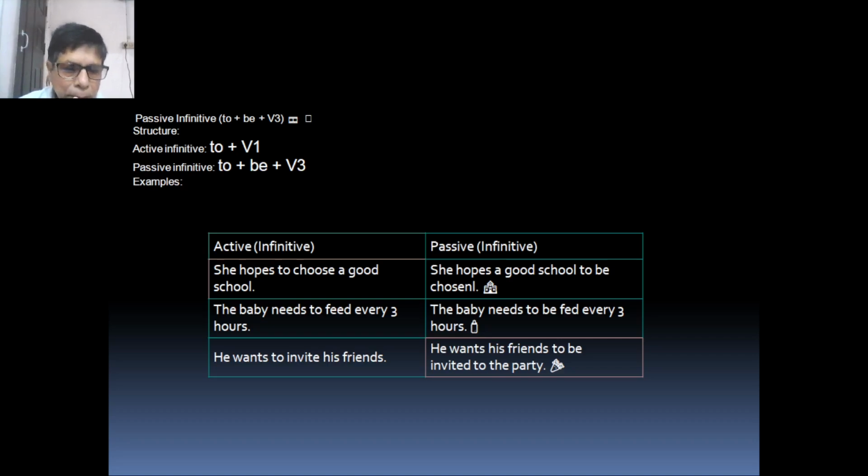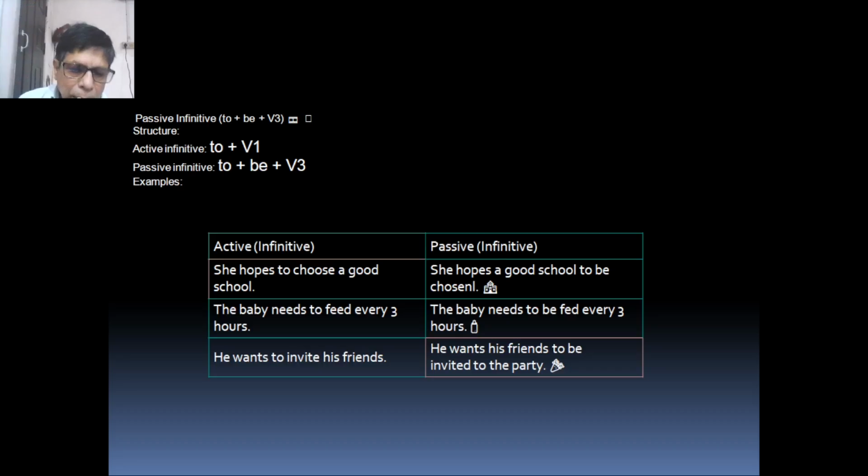The third example, he wants to invite his friends. Here to invite is the infinitive form. So the passive is he wants, main subject and verb is intact, and the object of the infinitive is his friends, it will be brought before his friends, and the passive of to invite is to be invited to the party by them, etc., is silent here.